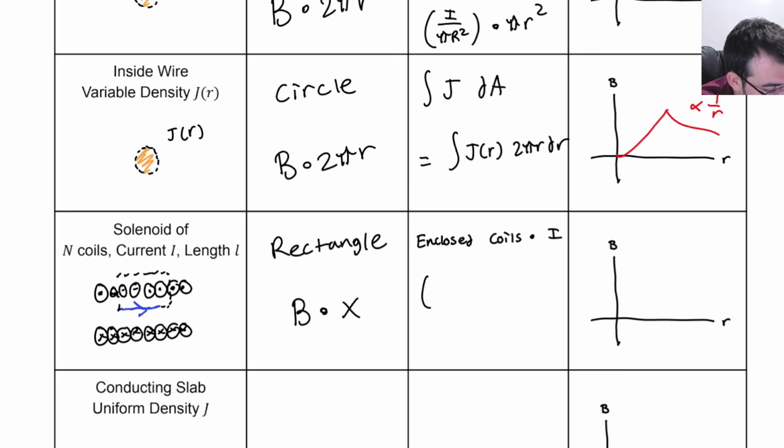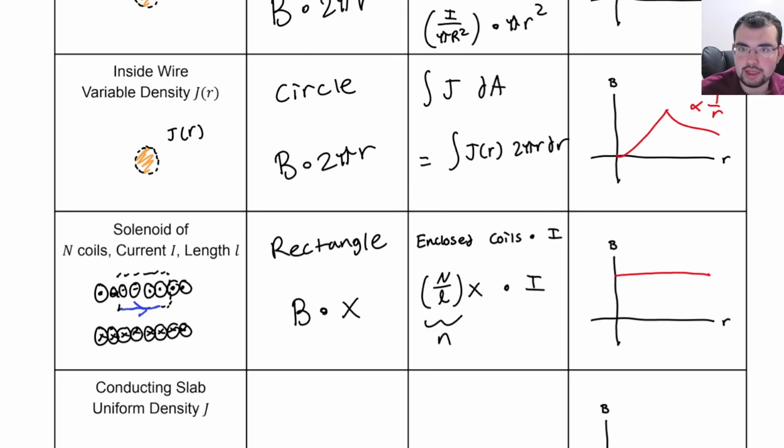Well, there's n coils per unit length, which is also called lowercase n, and I'm going for a distance x. And then I have I. So solenoid is kind of tricky for the setup. Now, the solenoid, we also assume it's sort of the magnetic version of the capacitor, where it just traps a constant B field inside. Edge effects are negligible.